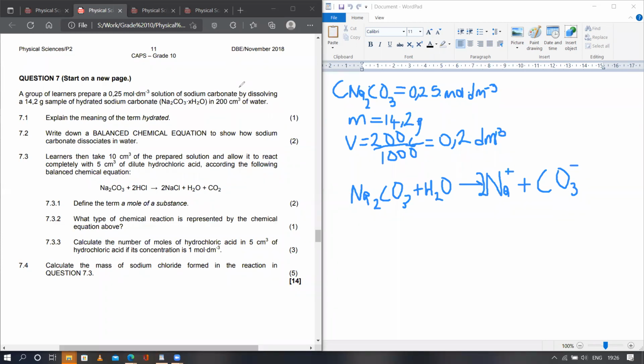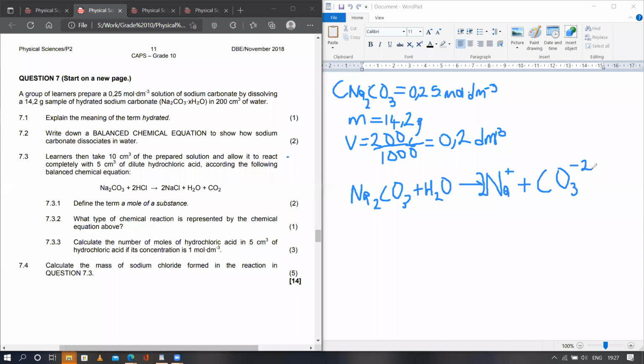I think this is the correct one, because carbon dioxide is neutral, and when you add another oxygen, that means it's gonna have two additional electrons.